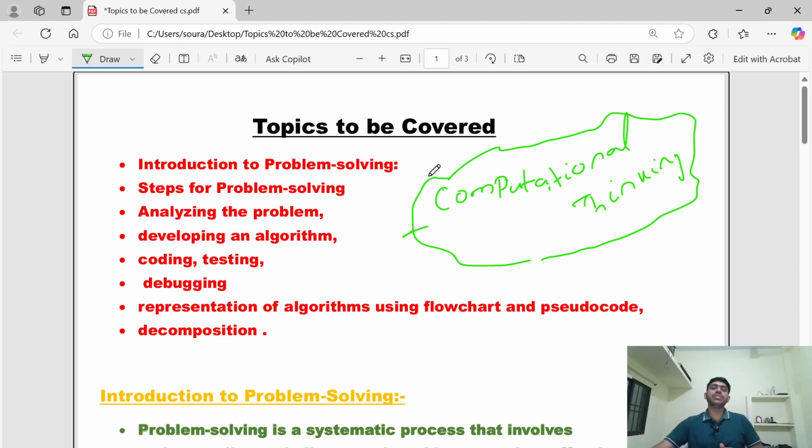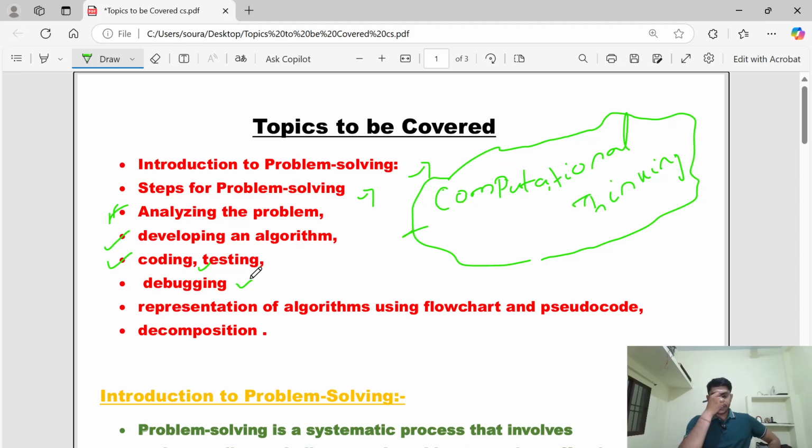What are the steps to process problem solving? Then analyzing the problem. Okay, what are the different problems coming, we will be analyzing. These are the steps you can see here. Analyzing, the first one. Developing an algorithm, coding, testing, debugging.